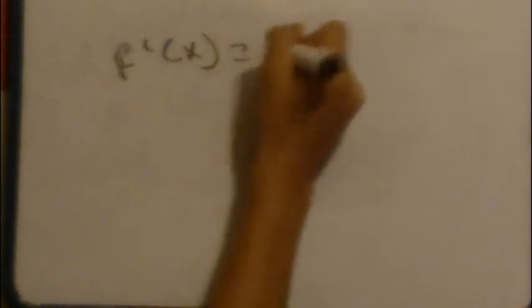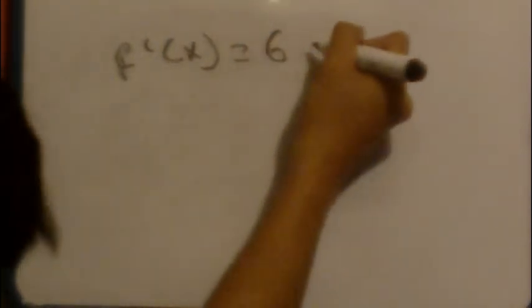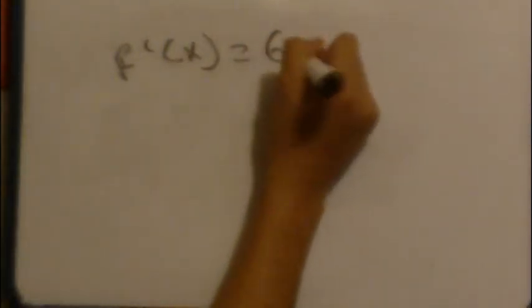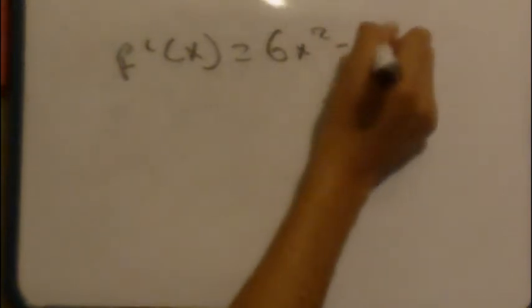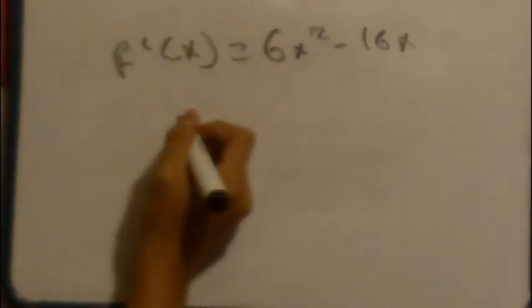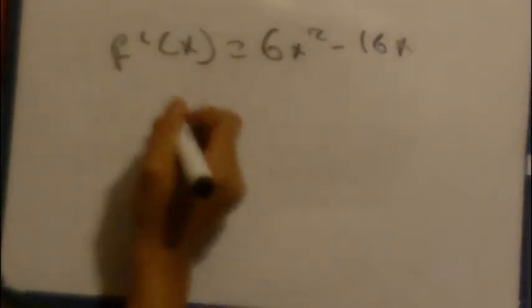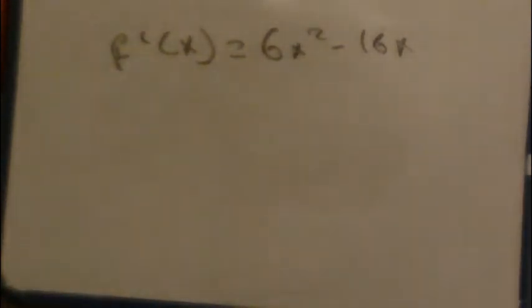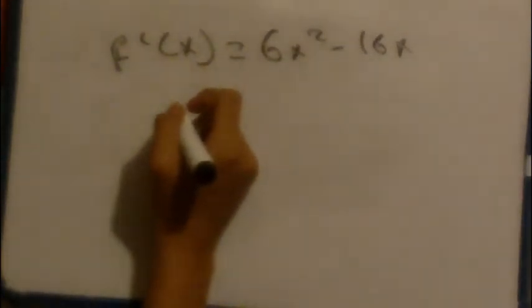we'll have to use that derivative this time. f derivative of x equals 6x squared minus 16x. We'll have to derive that again. You'll understand why once I get to it.